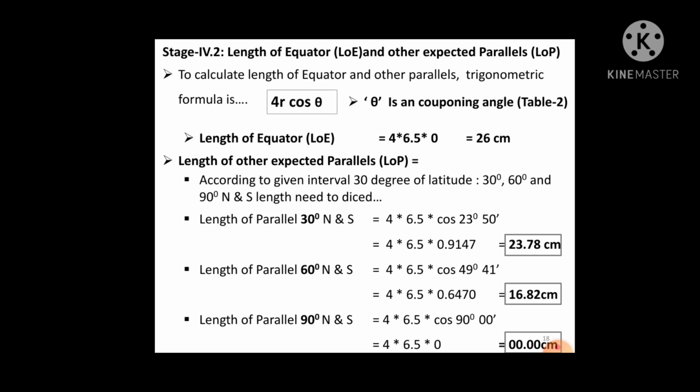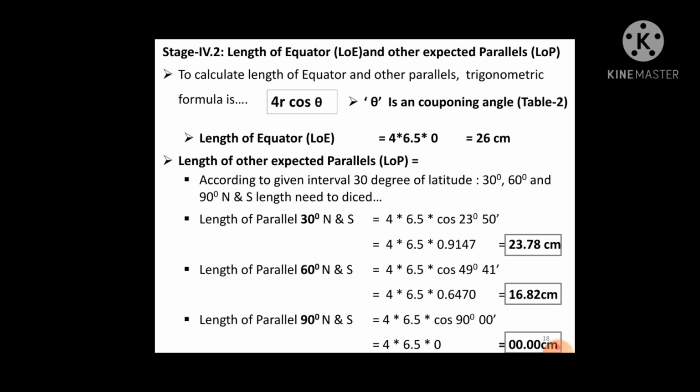It is the corresponding angle with reference to the 90 degree circle, of the 30 degree latitude. So using the cos of 23 degree 50 minutes with the help of a scientific calculator, which you must use, 4 multiplied by 6.5 multiplied by cos of 23 degree 50 minutes, which is 0.9147, you will get 23.78 centimeters as the length of that particular parallel of latitude.